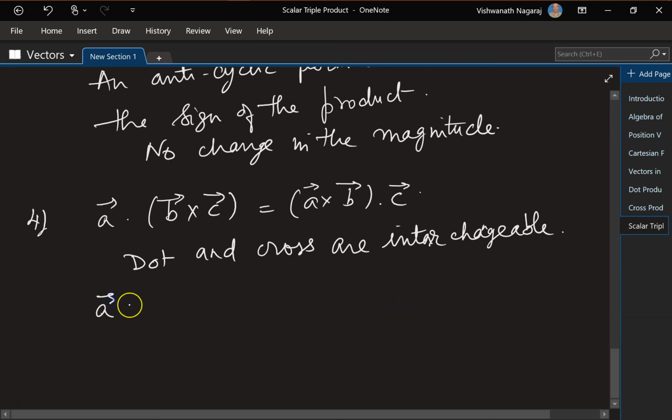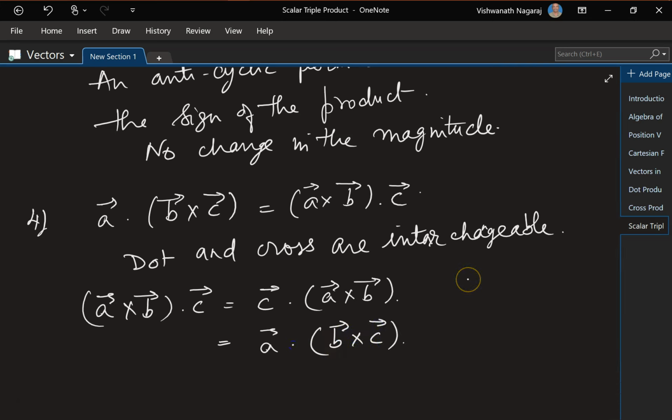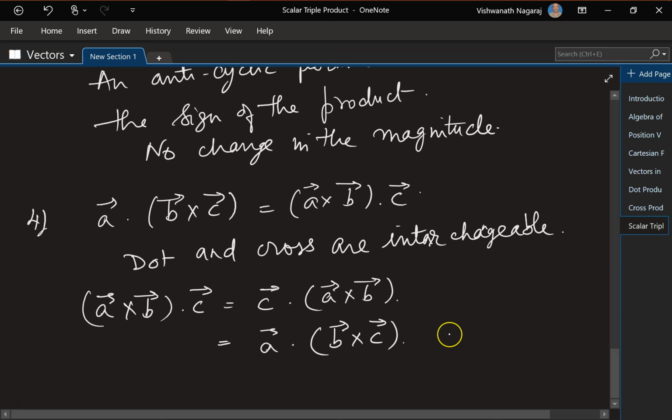A cross B dot C is equal to C dot A cross B, which is equal to A dot B cross C from the previous property we have seen. So that means this is commutative.